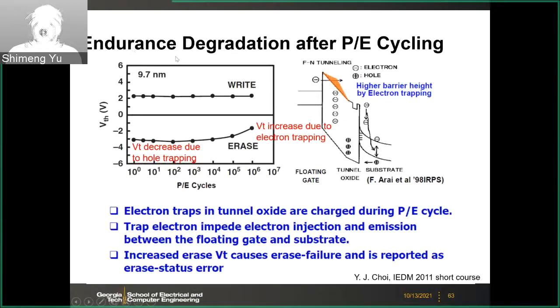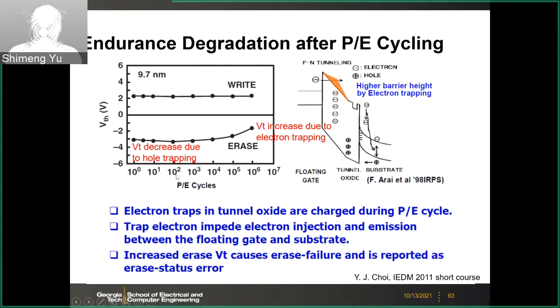The endurance means how many PE cycles, program and erase cycles, you can do on the flash transistor. Here we show some data of this SLC, single level cell. Typically we show the endurance cycle on a log scale on the x-axis.